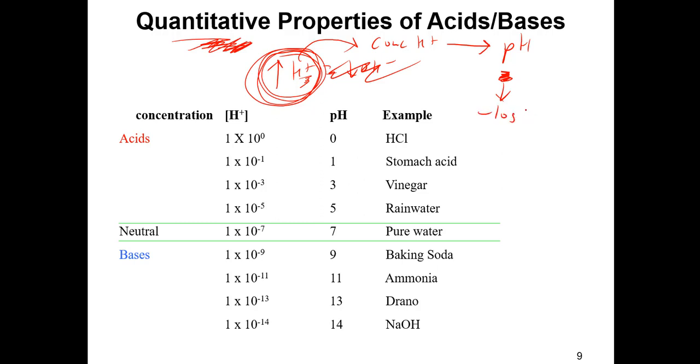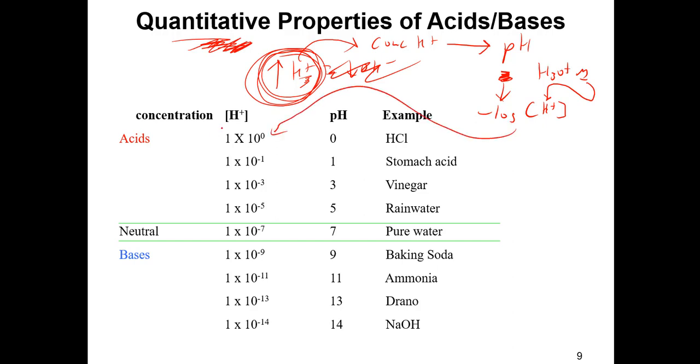So we're going to take the negative log of our hydronium concentration, and it's going to be in molarity. As a reminder, I had the original H3O plus molarity, but we got lazy and used brackets and a single H plus to describe the same exact thing. So P notation means negative log, brackets mean molarity, and H plus means hydronium.